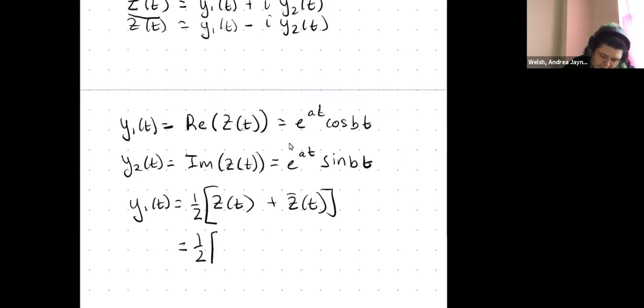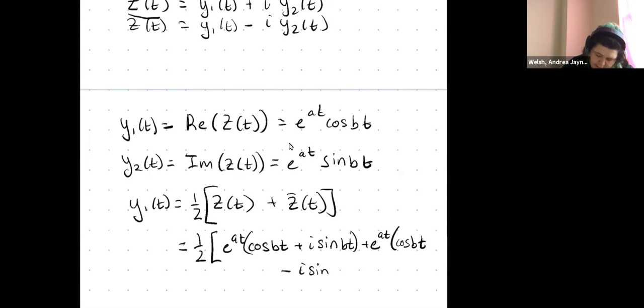So 1/2, our z of t was e to the at cosine bt plus i sine bt, and then our z bar was e to the at cosine bt minus i sine bt.